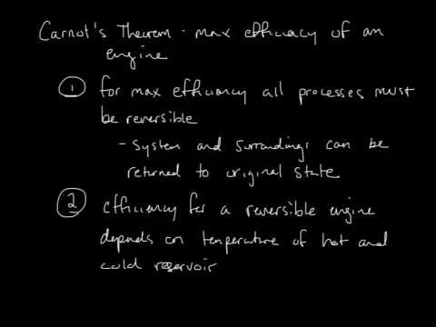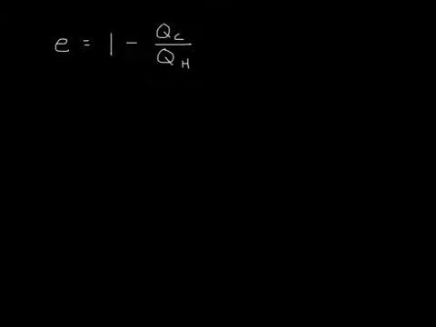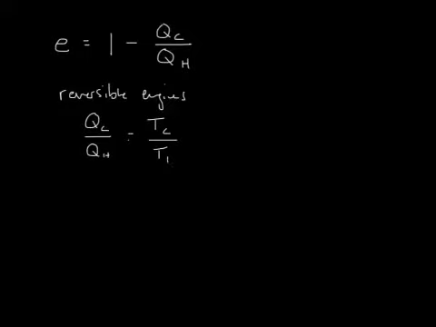So let's see how that translates into equations. So as we said earlier, the efficiency of an engine is 1 minus QC over QH. Now, Carnot made an assumption, and he said that for reversible engines, for these maximum efficiency engines, that ratio of QC over QH just depends on the temperature of the cold reservoir and the hot reservoir.